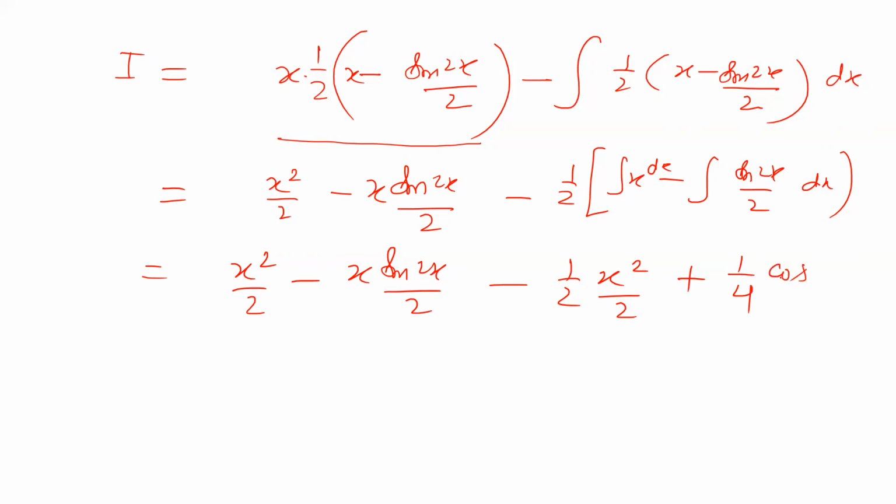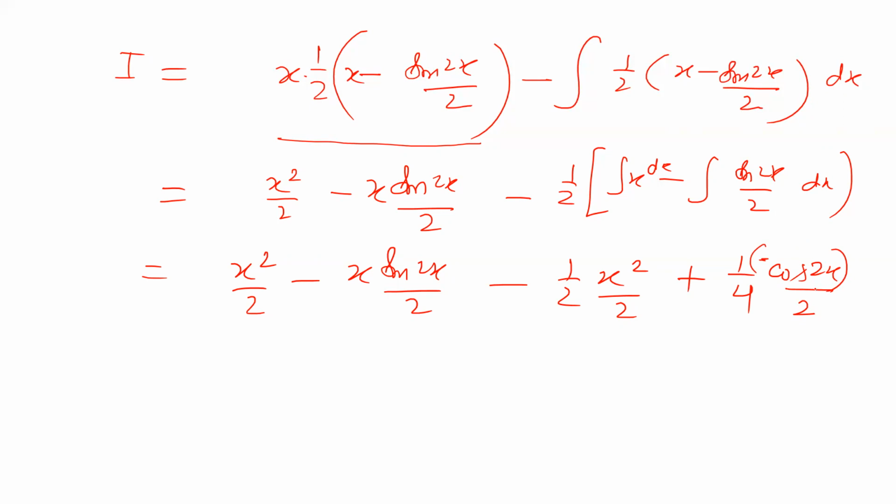We will get 1 by 4 cos 2x by 2. Again we have to do that, but here cos should be minus, because we know that in case of the integration of the sine, we'll get the minus cos x.